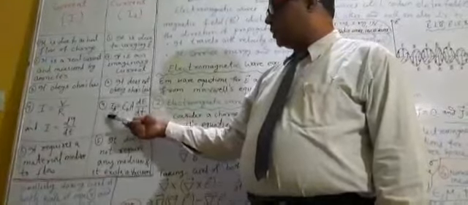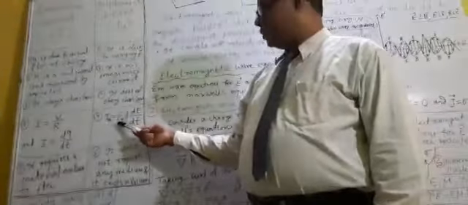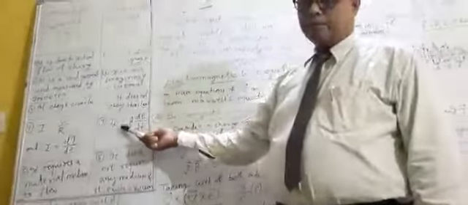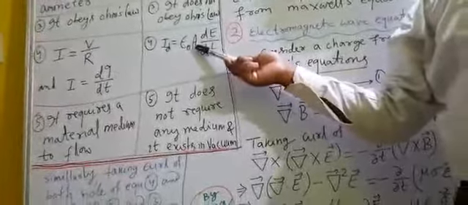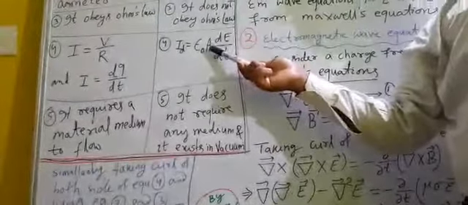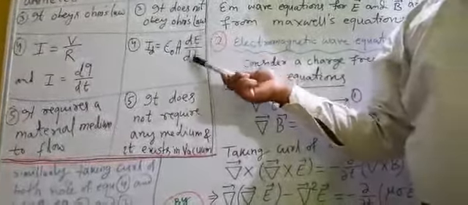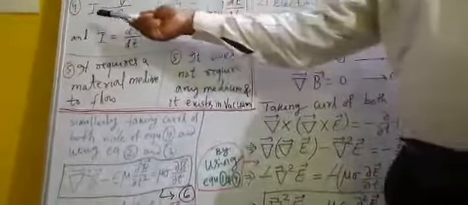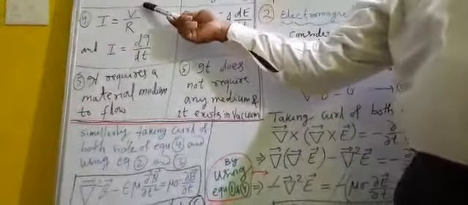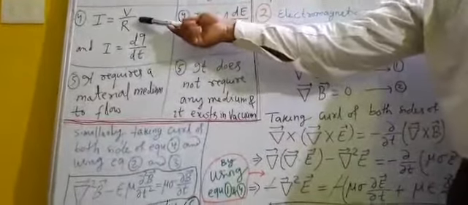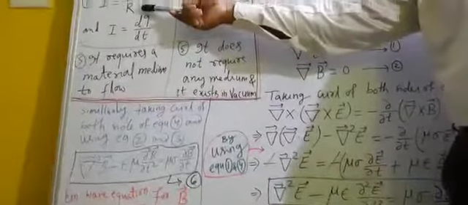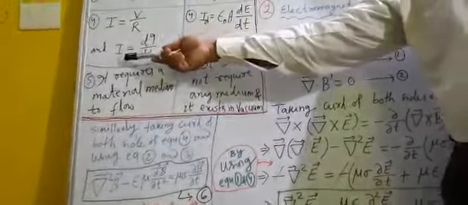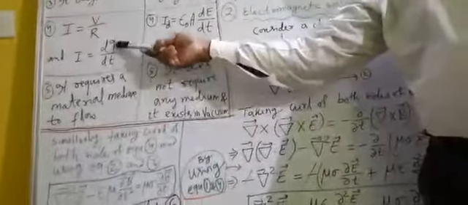So I_D, means displacement current, depends on the electric permittivity, okay, and the surface area of the capacitor plate and the rate of change of the electric field. Your displacement current depends on these, whereas the conduction current depends on the potential difference, the resistance of the material, and here you can say I is equal to rate of change of charge flow.